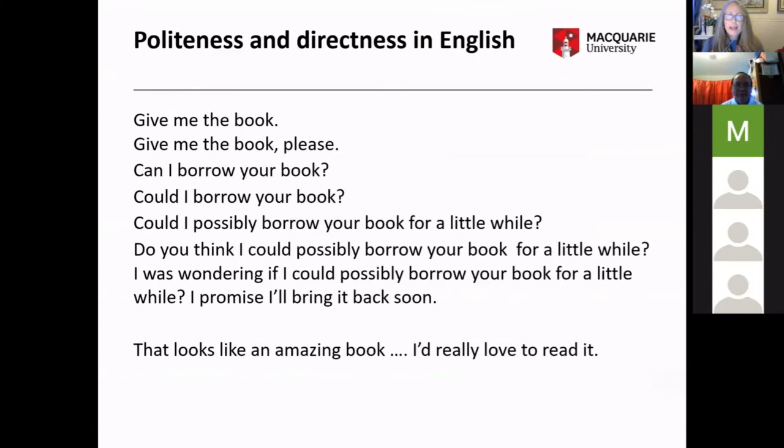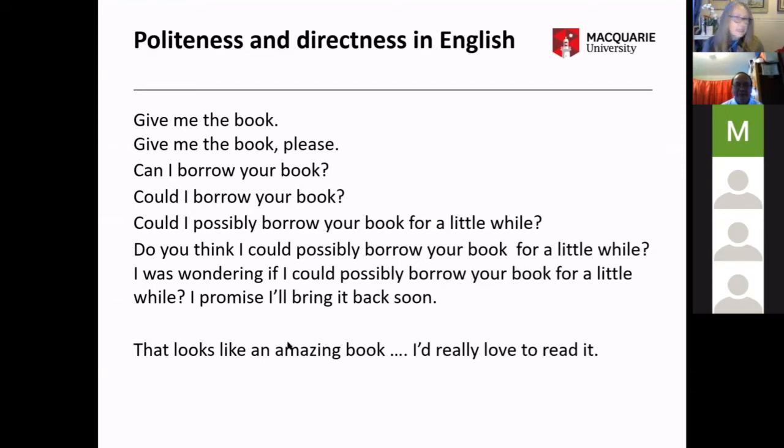Okay, so politeness and directness in English, as we see, what happens here is that it goes from a very direct statement, give me the book, this is imperative, like an order, and some people said they would do that with their sister, to a very, very polite, very long, very complicated, I was wondering if I could possibly and so on.